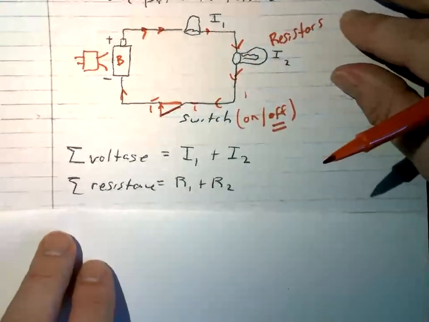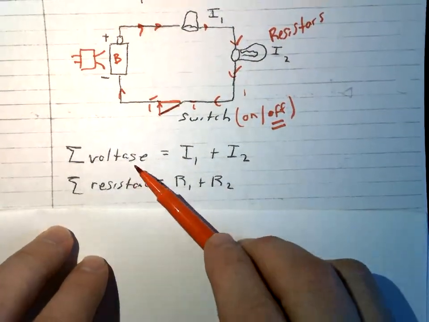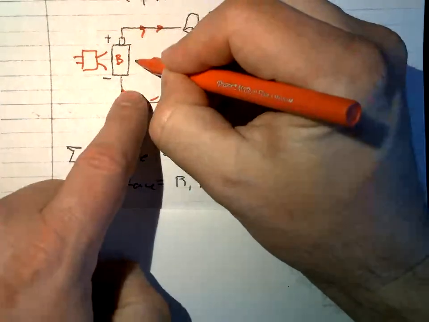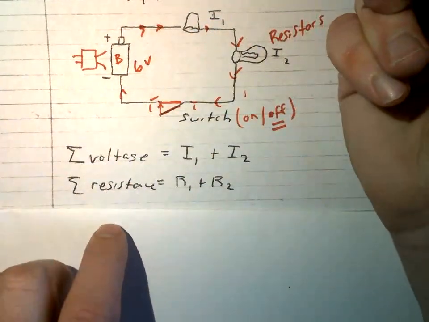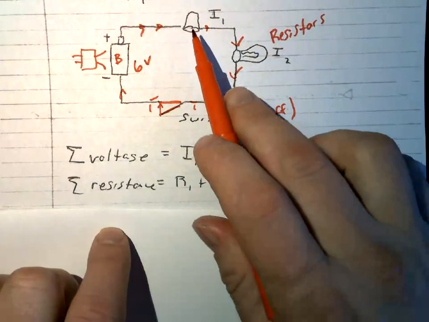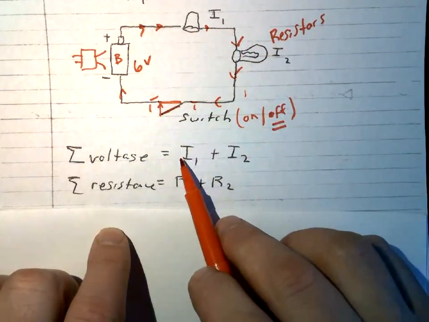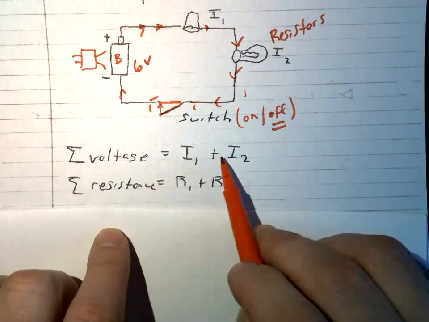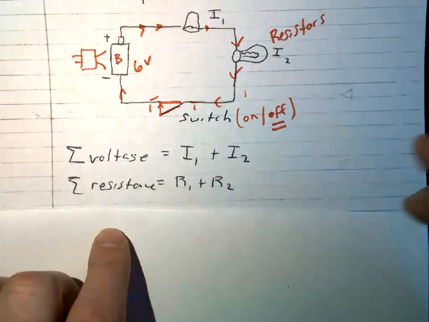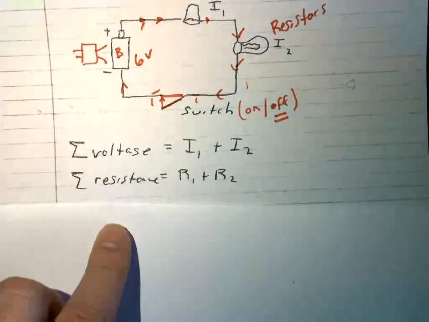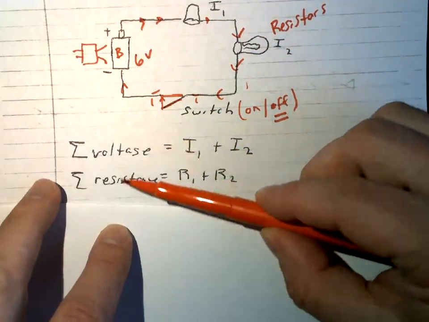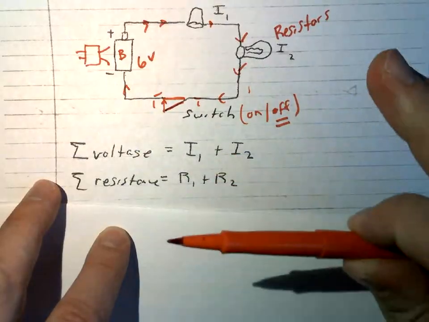What's going on is that if you take all the voltage, let's say this was a 6-volt battery, and you take this plus this, that gives you the total voltage with the total resistance. We're going to talk about this later. You're just adding stuff up. This might not be making sense to you, and that's okay.